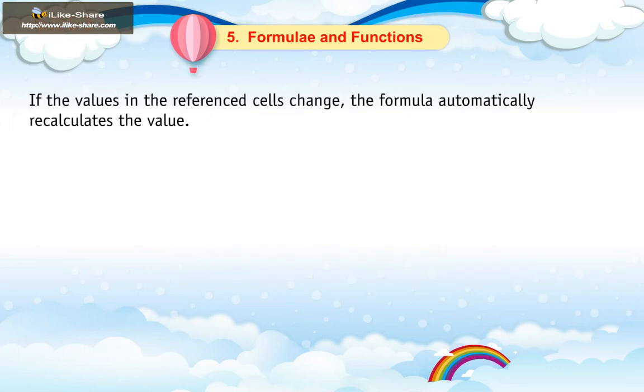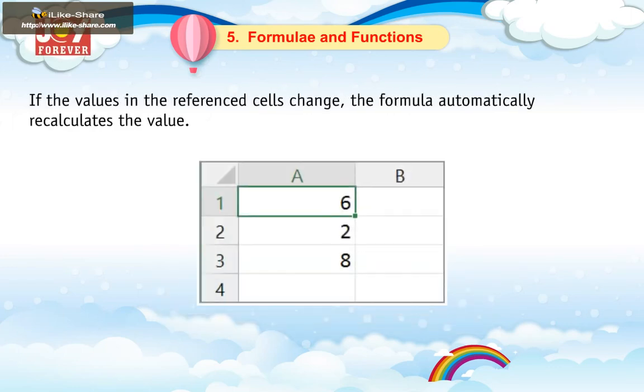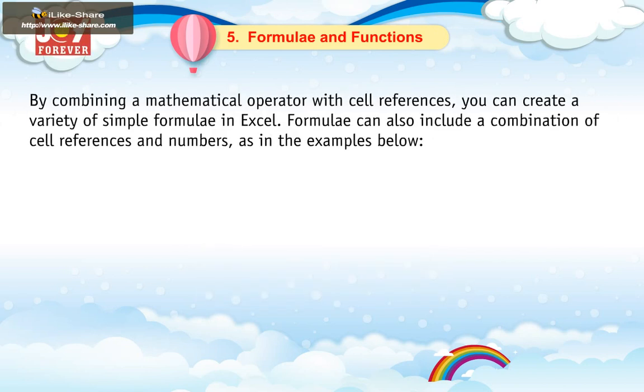If the values in the reference cells change, the formula automatically recalculates the value. By combining a mathematical operator with cell references, you can create a variety of simple formulae in Excel. Formulae can also include a combination of cell references and numbers, as in the examples below.